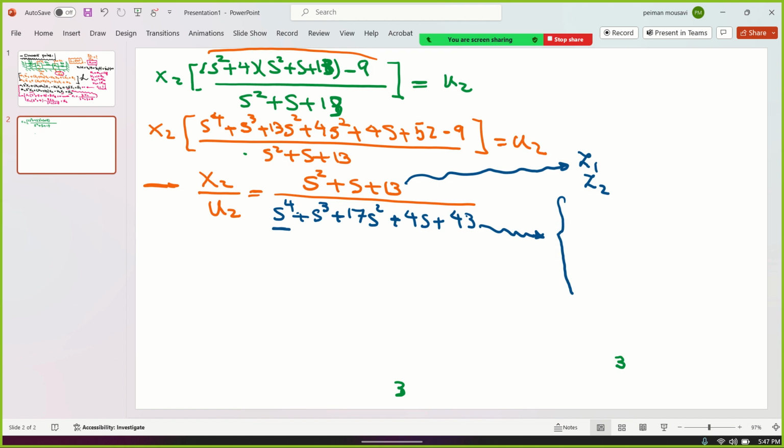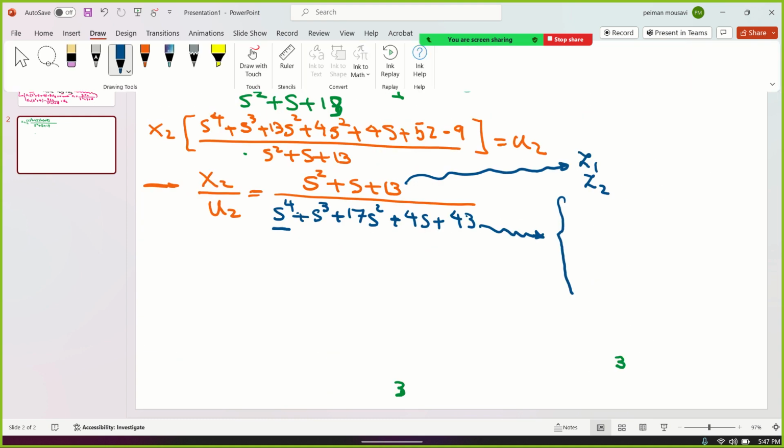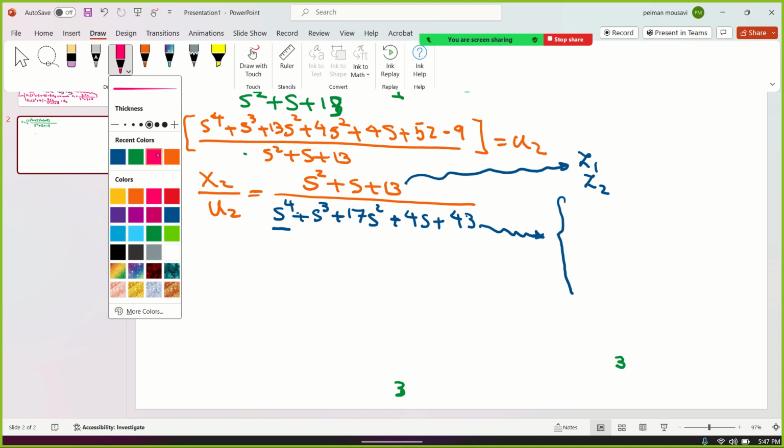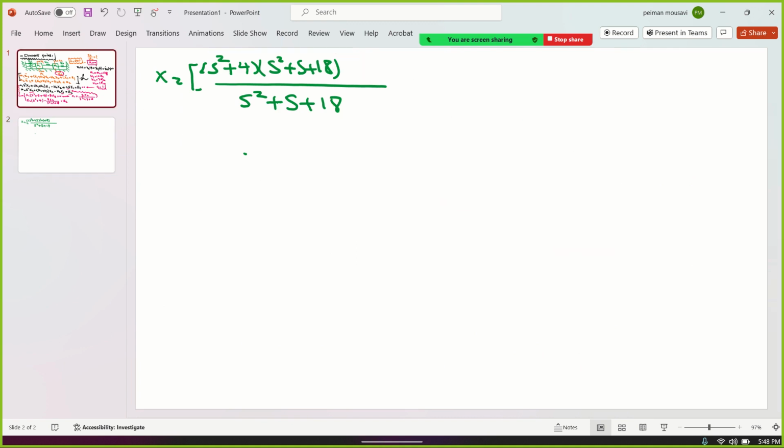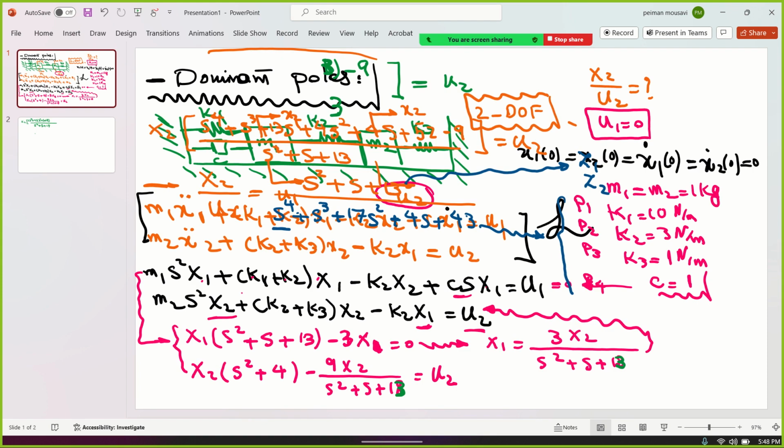And this is going to give you how many poles of the system, guys? How many poles? 4. This is high school. That's right. You're going to have 4 poles: P1, P2, P3, P4. Let me first double check everything because I want to make sure everything is right. 1 plus K2 is 13, hopefully that's right.